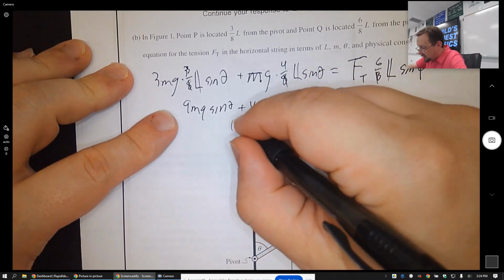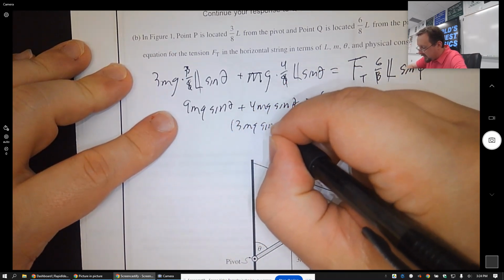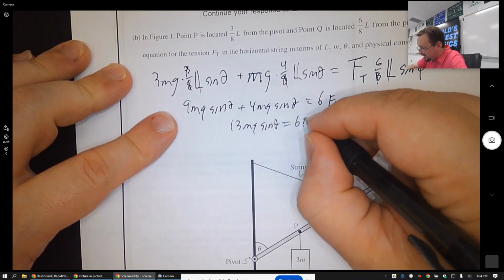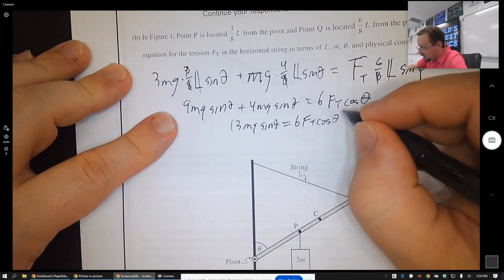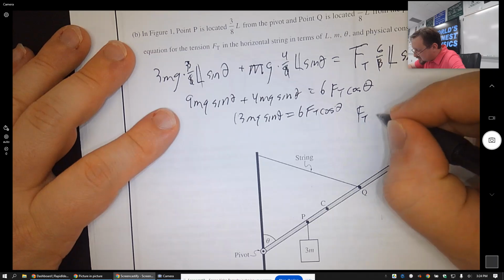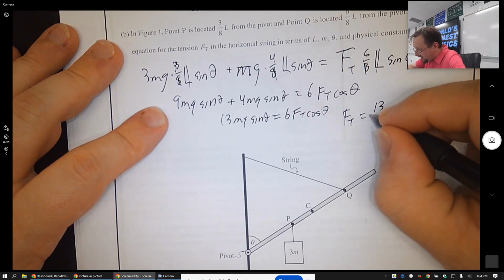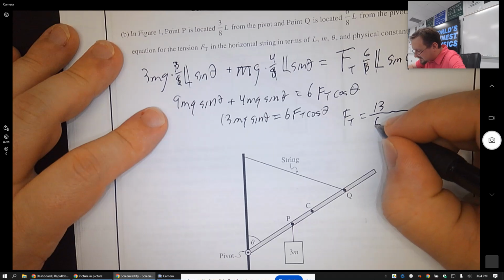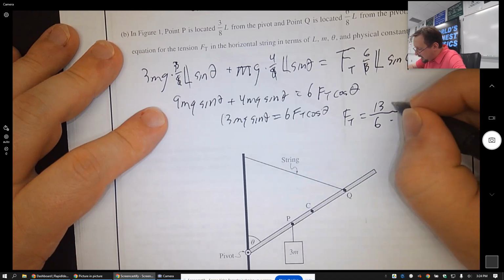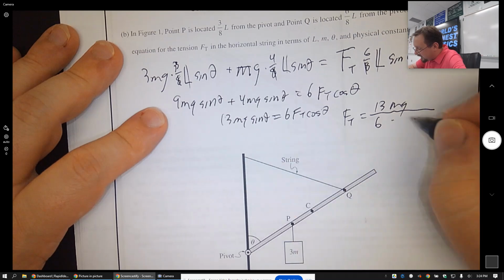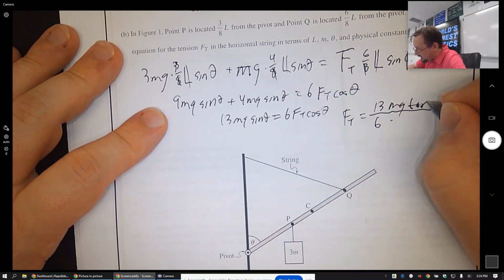These are like terms. 13 mg sine theta equals 6 FT cosine theta. So tension should be 13 over 6 mg, and then you can say sine over cosine, or you can say tangent of theta.